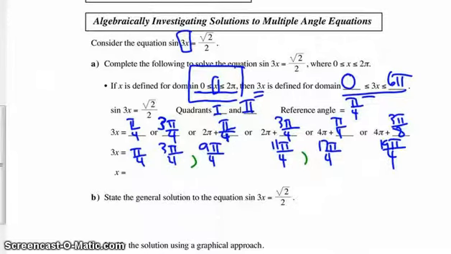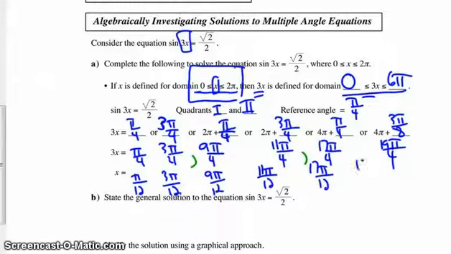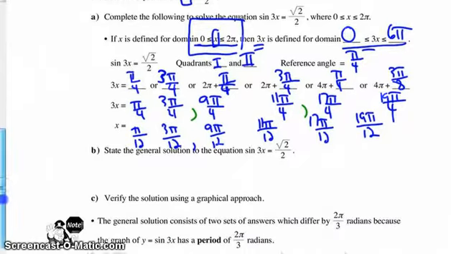So therefore x is equal to, when you divide by 3, our final answer is x is equal to pi over 12, 3 pi over 12, 9 pi over 12, 11 pi over 12, 17 pi over 12, and 19 pi over 12. And you'll notice that now in your final answers, the value of x is not any more than 2 pi.